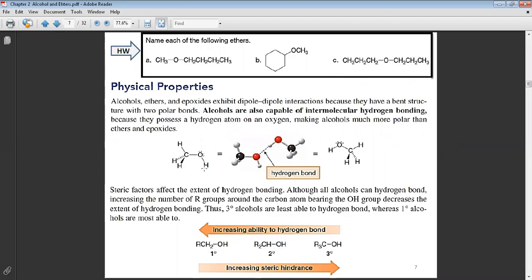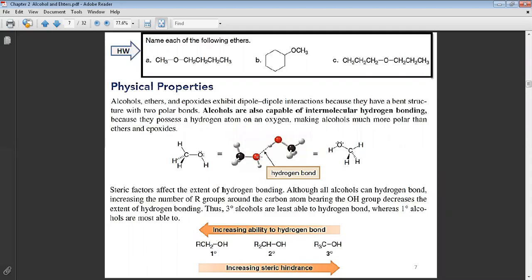This hydrogen atom is partially positive and can make a hydrogen bond with the lone pair of electrons on the oxygen atom of another compound. Like this, two molecules of alcohol. Look at the hydrogen bonding between this partially positive hydrogen and the lone pair of electrons on the oxygen. This is the hydrogen bond.